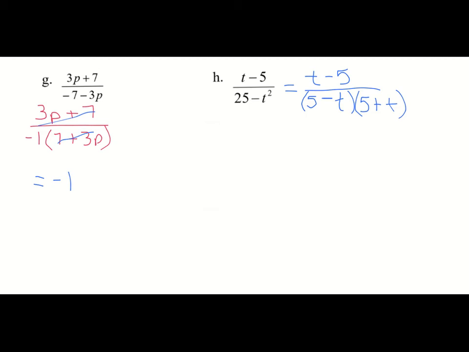Okay, and again, the 5 plus t, there's nothing I can do with that. But my t minus 5 and my 5 minus t, remember just from the last slide, these are opposites of each other. So they factor and they equal 1, but not a regular 1. They equal that negative 1. And then we're going to keep our 5 plus t because we can't do anything with it. So that one will give us a negative 1 over 5 plus t.